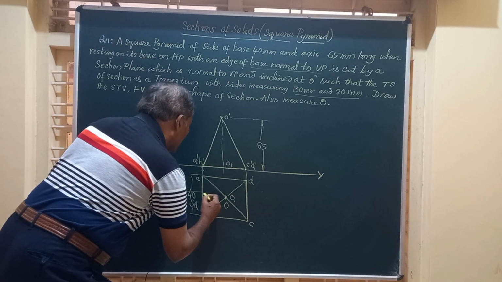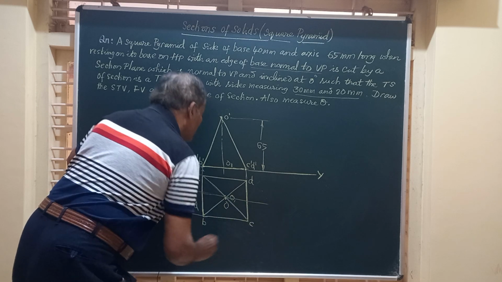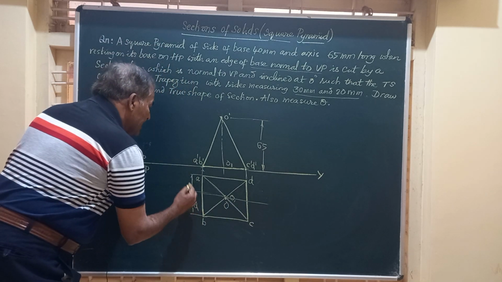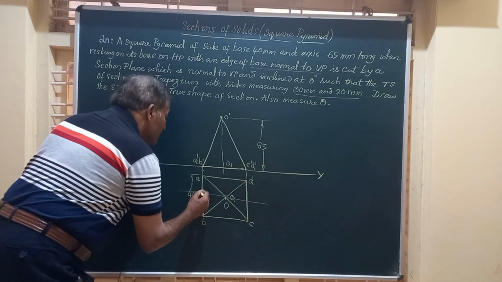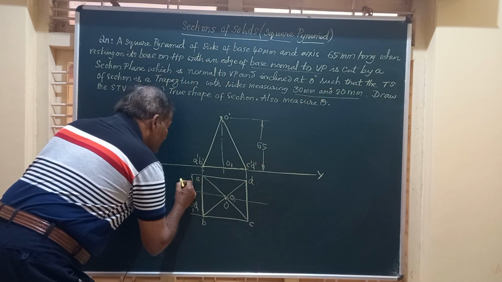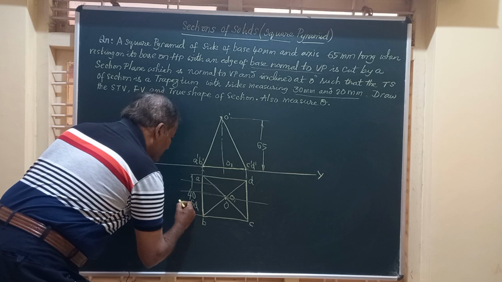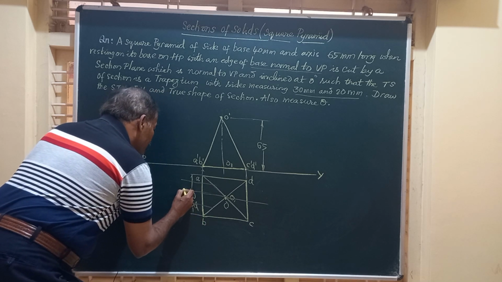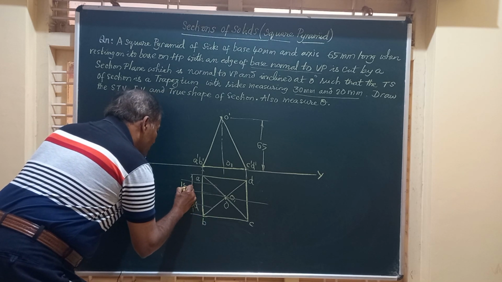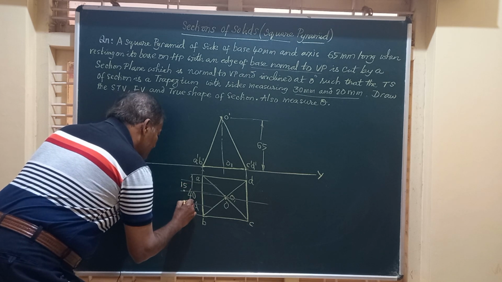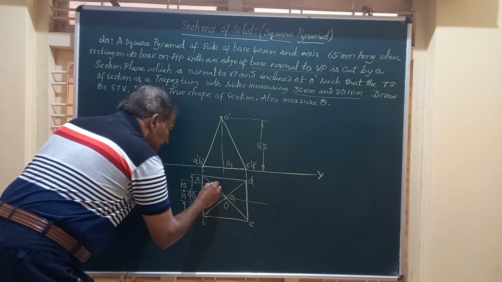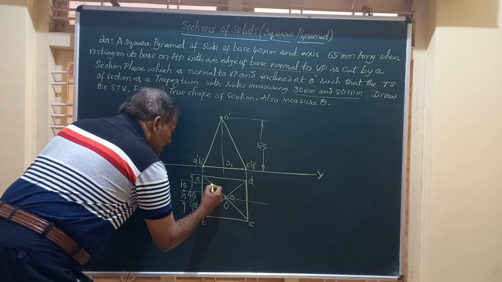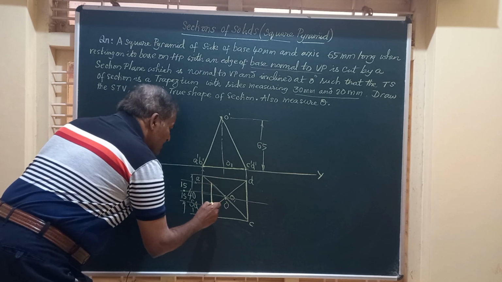So to get the section plane's position, I am going to draw a horizontal line through this, and on that I mark the longer side as 30 mm. So I will mark 15 millimeter on either side, 15, 15, so that this side, when projected, will give you a length equal to 30 mm.